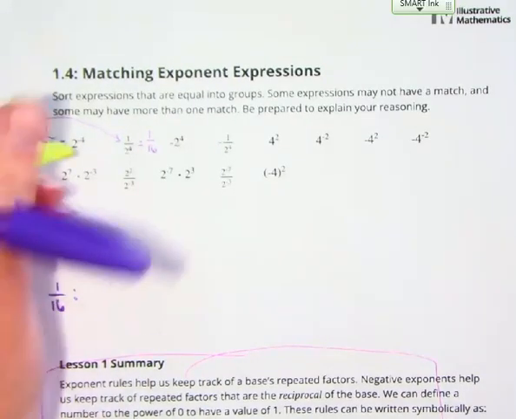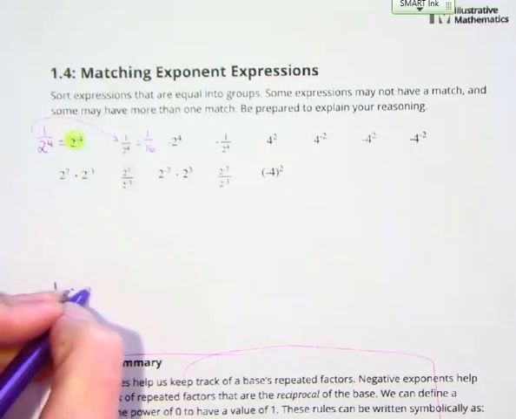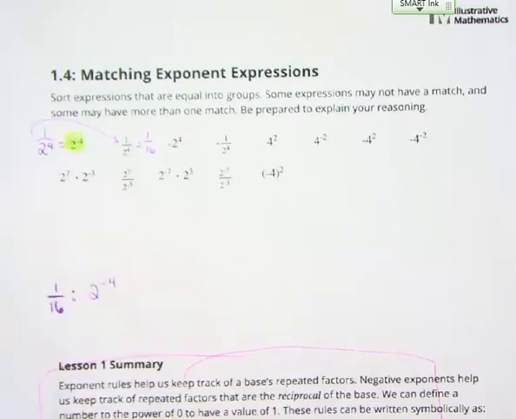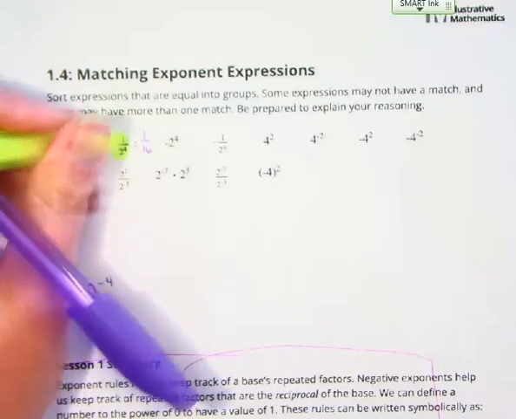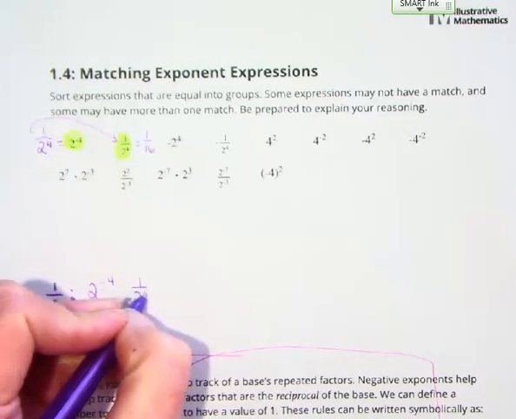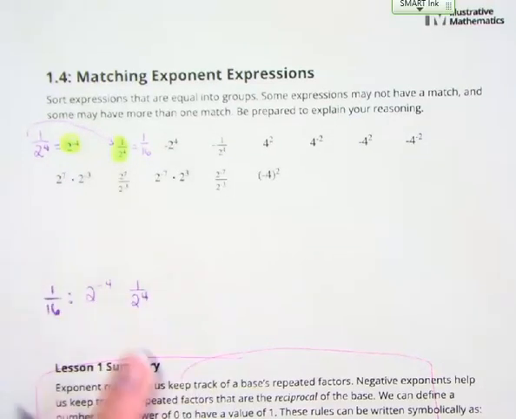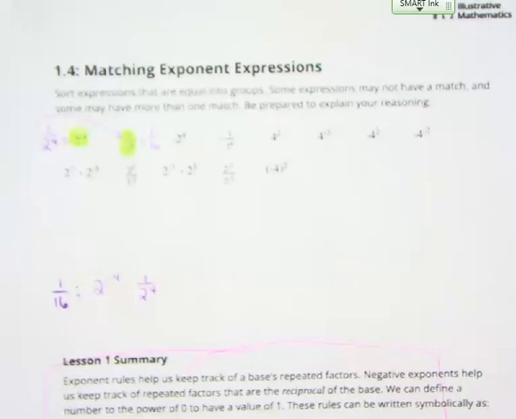And one thing that equals that is this 2 to the negative 4 and 1 over 2 to the positive 4. So they're asking to kind of go back and think about which ones are equal to each other. So those two are equal.